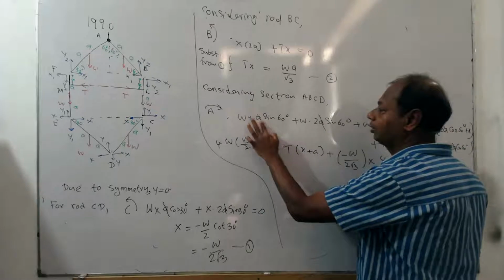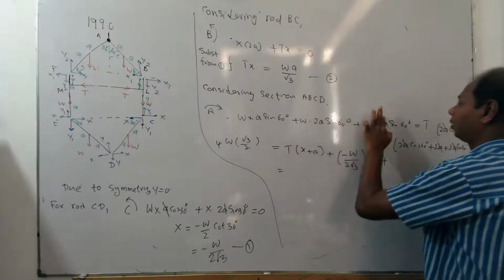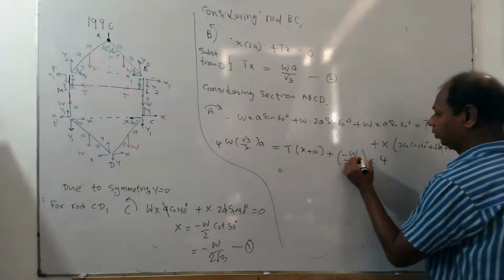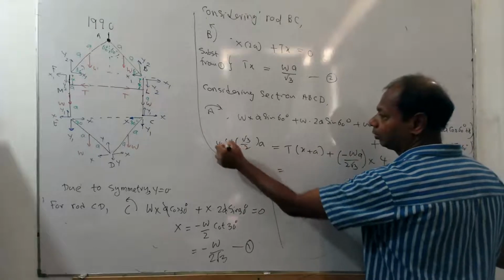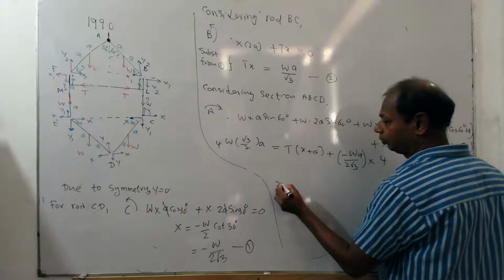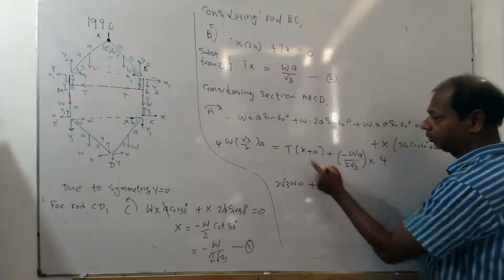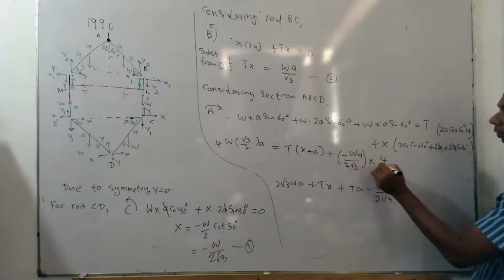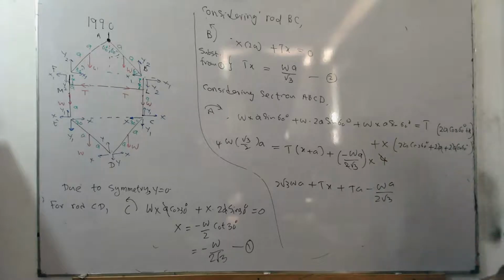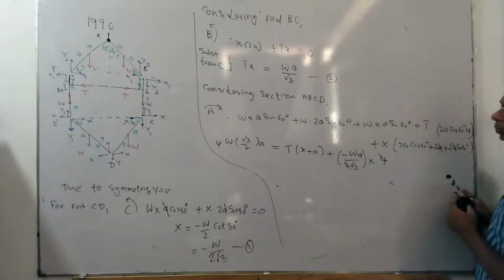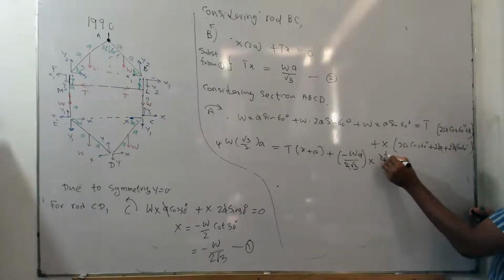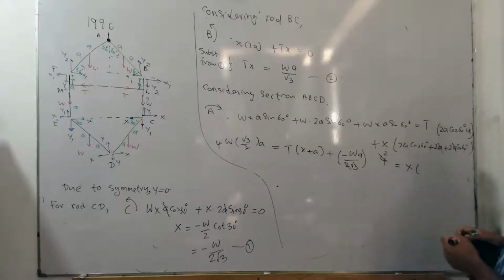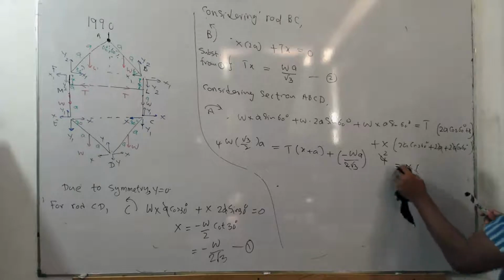You can't divide everything by A because here it is just x, right? X is there. You can expand this. Here we get 2 root 3 WA equals TX plus TA minus WA over 2 root 3, and X into 4.